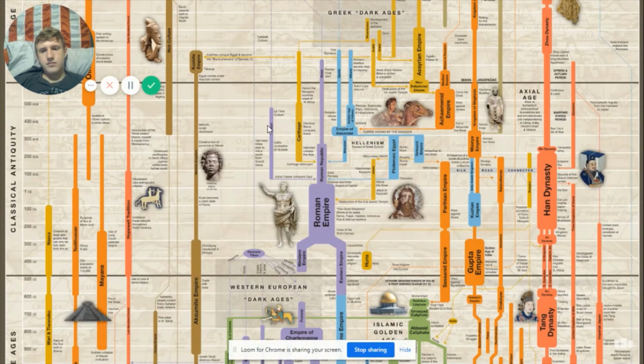Classical antiquity is when the Greeks and the Romans laid the foundations for what would become known as Western civilization, mostly by borrowing and building upon information gained from the earlier Bronze Age civilizations. But there was a lot going on in other parts of the world as well.